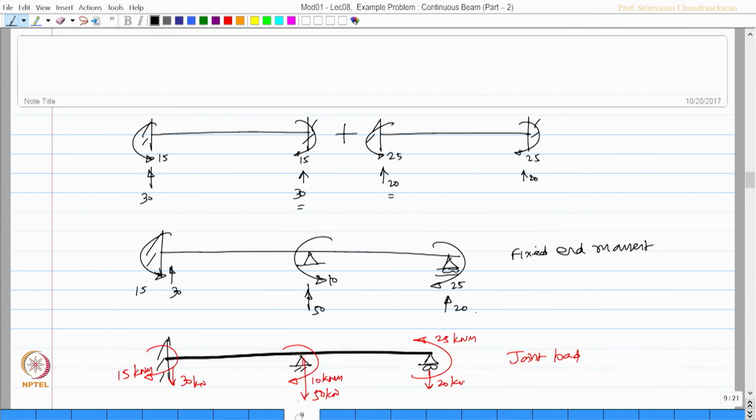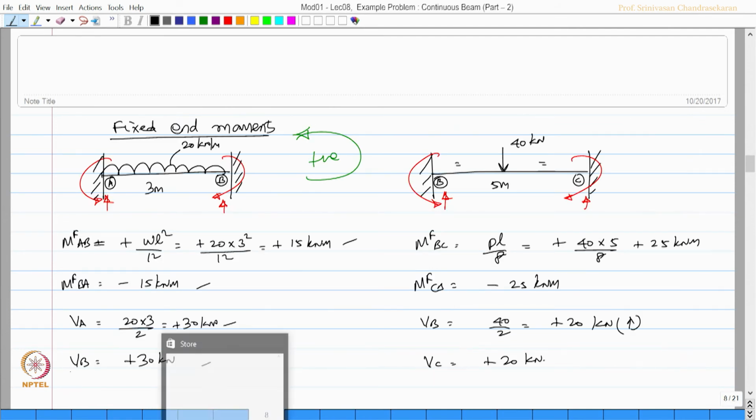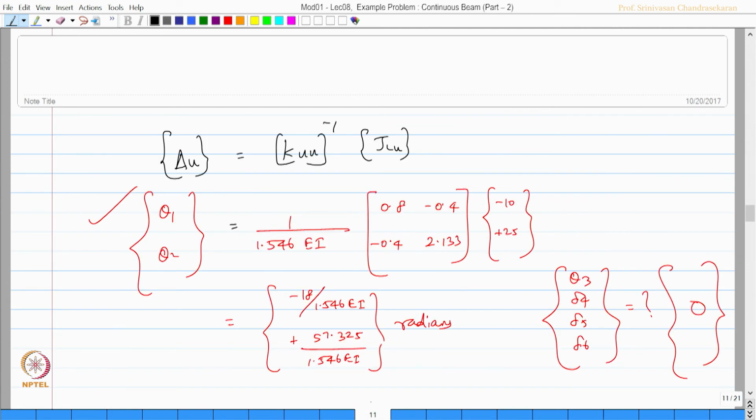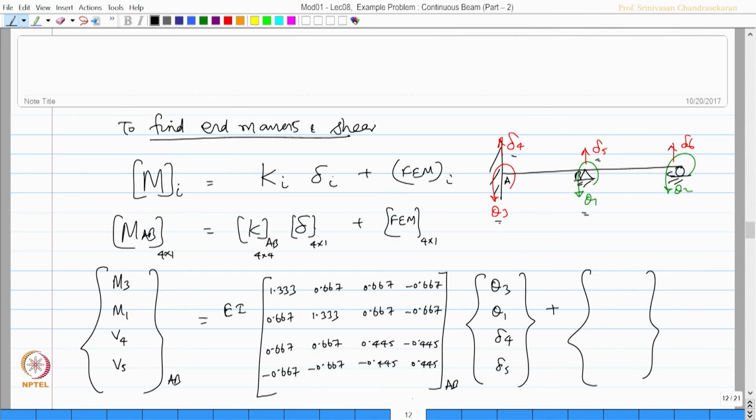We also already have this here, fixed end moments of the member AB is available here. Okay. So, we can directly write those values there. It is going to be plus 15, minus 15, plus 30, plus 30, this fixed end moments of AB.